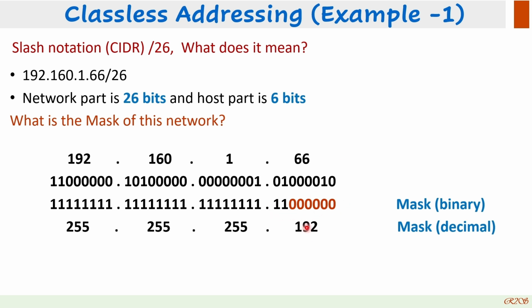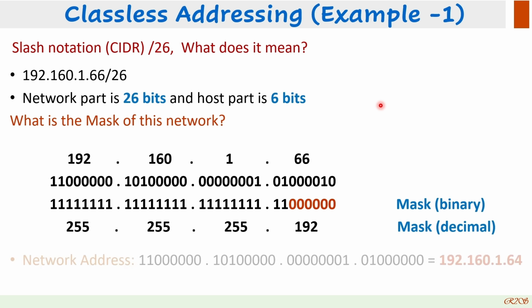So now the mask of this IP address is 255.255.255.192. In the case of classless addressing, we have to be careful about the network mask. We have to find out the mask.